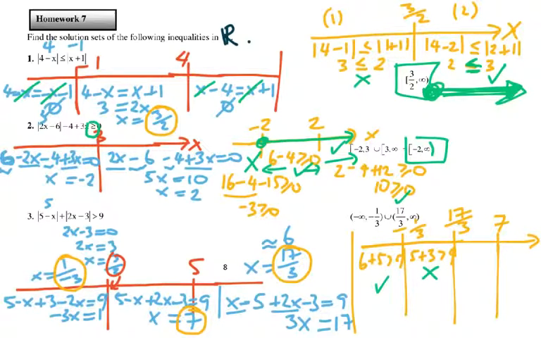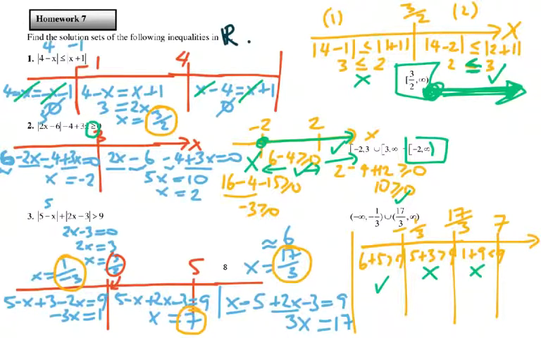So something between 17 over 3 and 7. Well, 6 is actually in between there. That's a nice integer value to use. So let's see, 5 minus 6 is going to be minus 1, in absolute value is 1. 2 times 6 is 12, minus 3 is 9. So plus 9. Is that bigger than 9? Let's see, 10 is not bigger than 9.